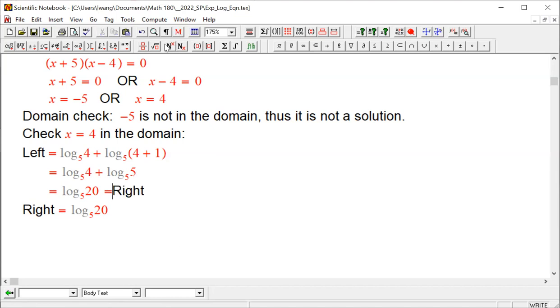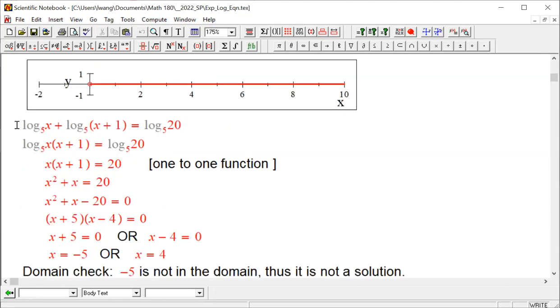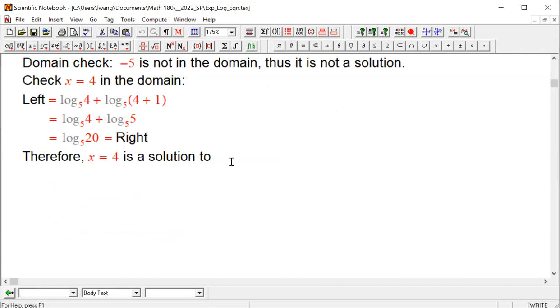We don't need to do anything on the right, so we can just remove this. Now is the time to make the claim. Therefore, x equals 4 is a solution to the equation, right here, that equation. And this is finished.